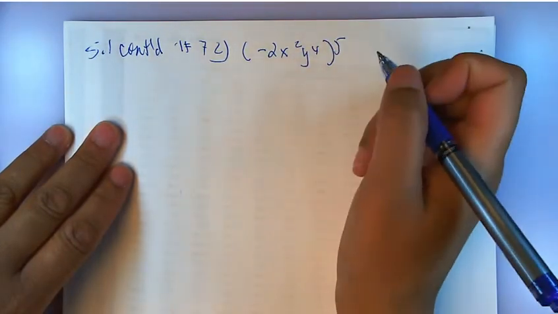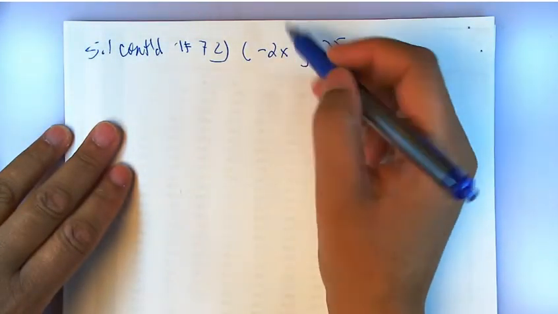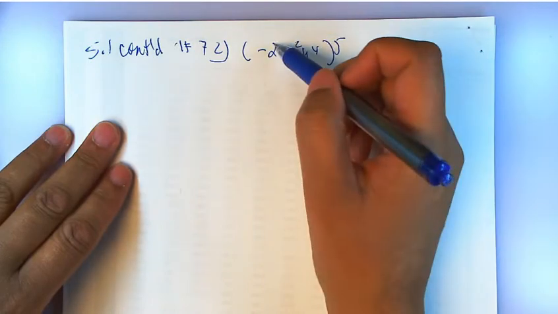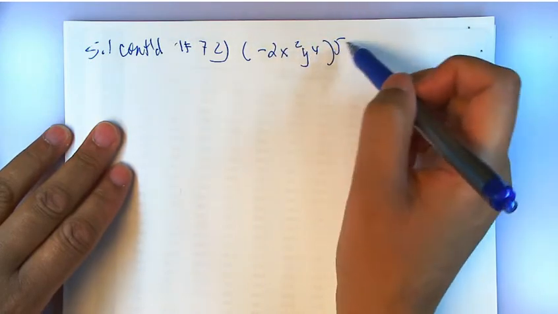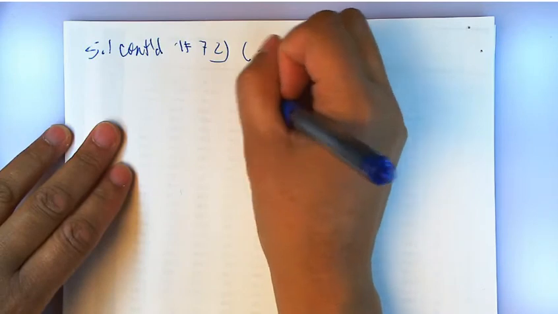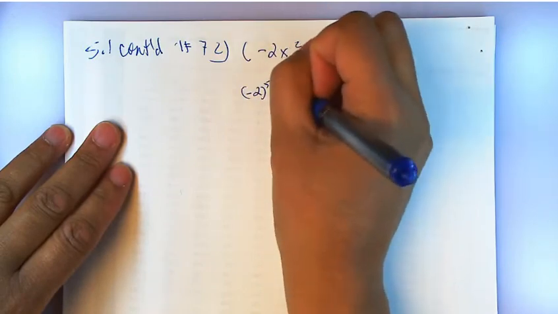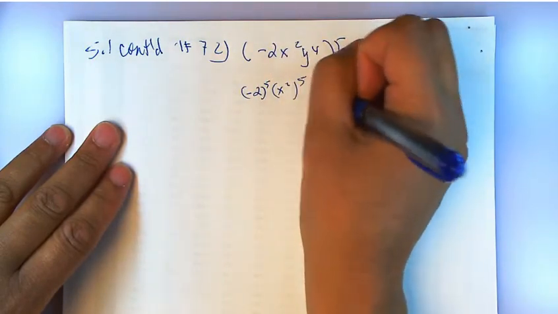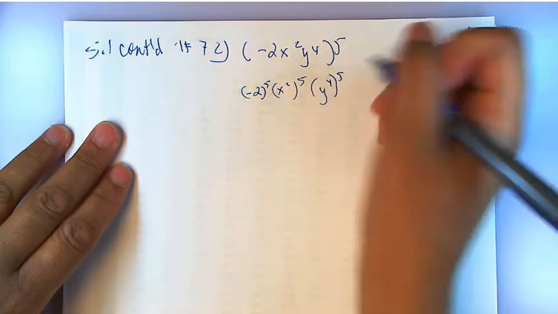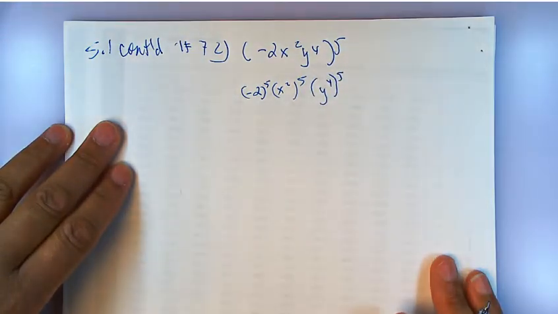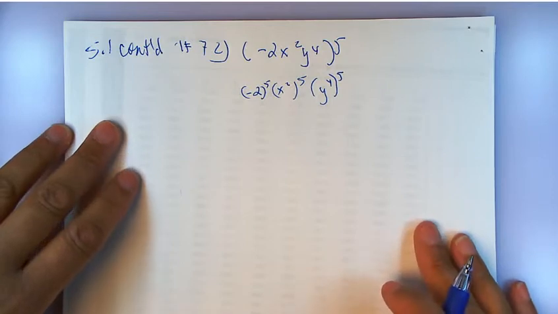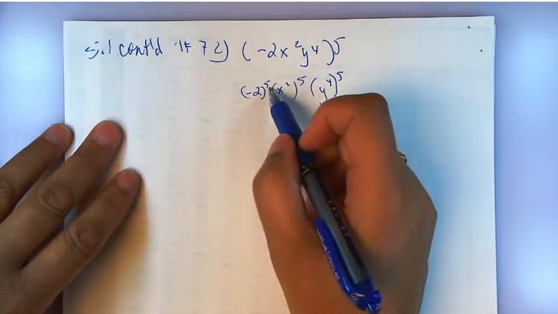What we're going to do is remember our exponent rule tells us that we can pretty much put each one to the fifth power. So we'll have negative 2 to the fifth power, x squared to the fifth power, y to the fourth to the fifth power. After we do that, we're going to use our exponent rules and simplify this more. Remember, if it's 5 or less, we must evaluate.